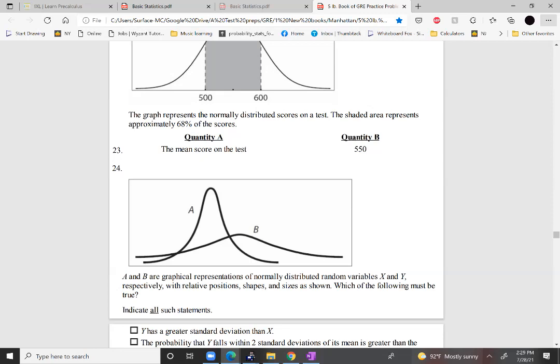Or is it the median that's always in the middle? I guess they're equal, right? They have to be equal. No, I can't. Because one standard deviation above is 34%, right? And it says that the shaded area is 68%.